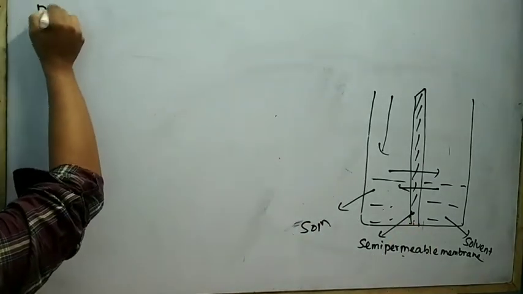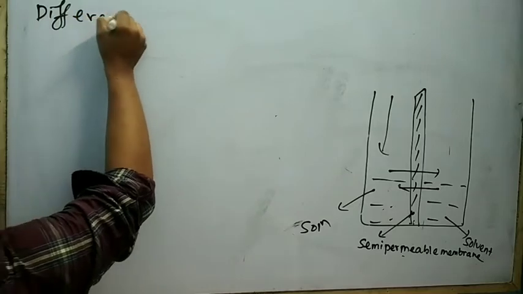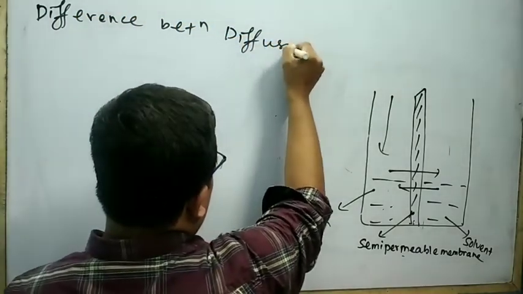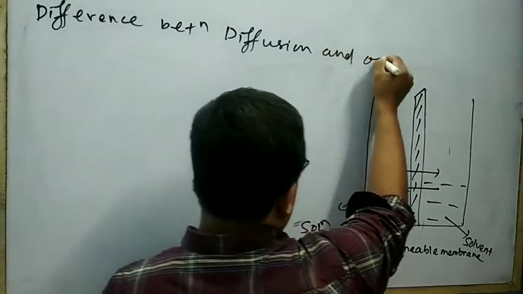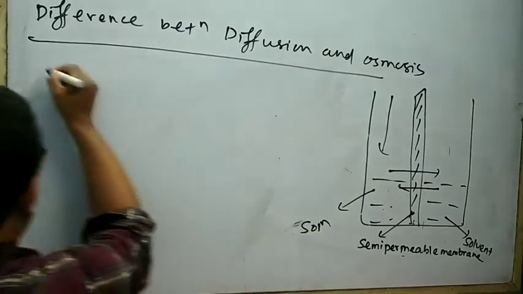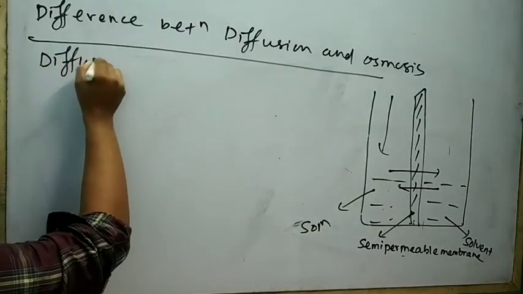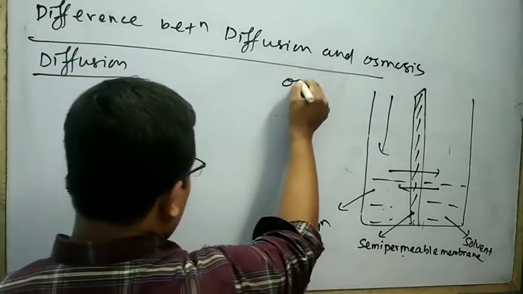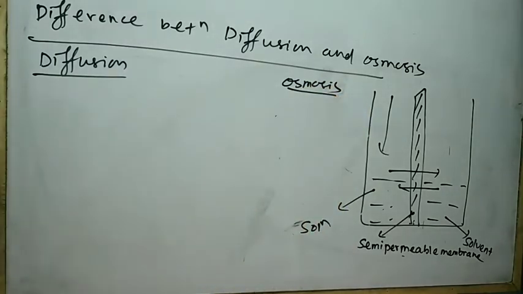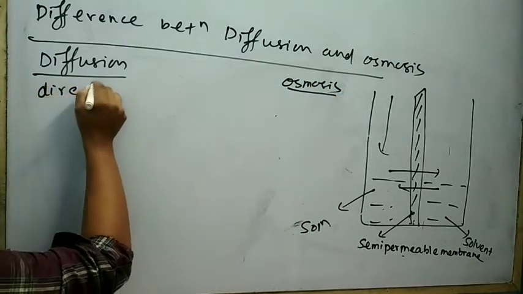Now I will discuss the difference between diffusion and osmosis. What is diffusion and what is osmosis? Diffusion takes place directly.